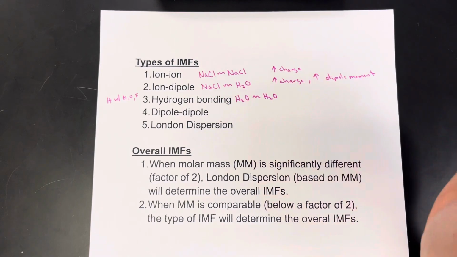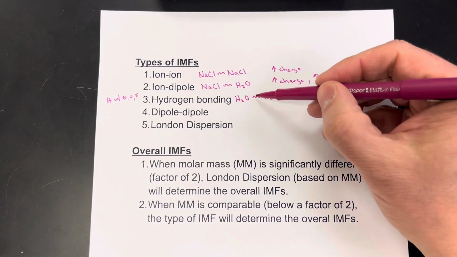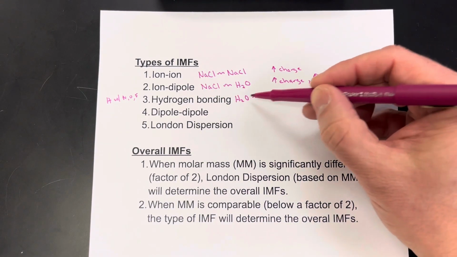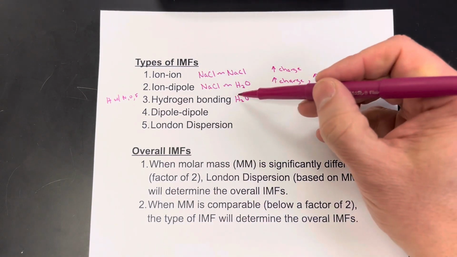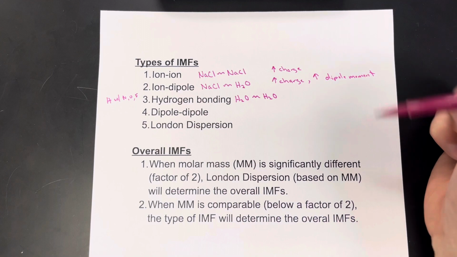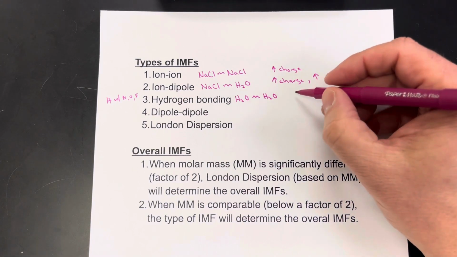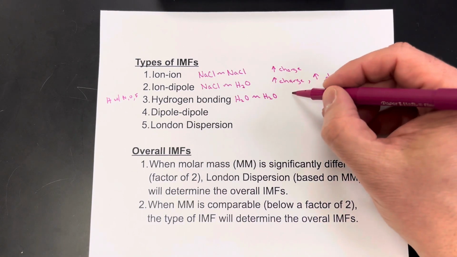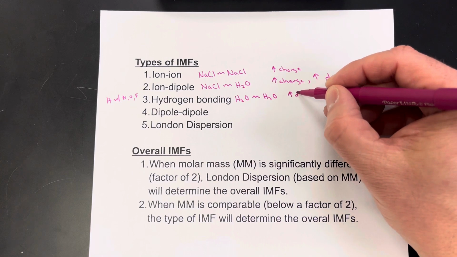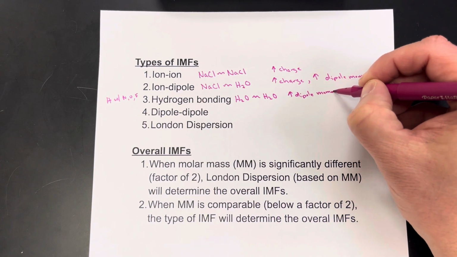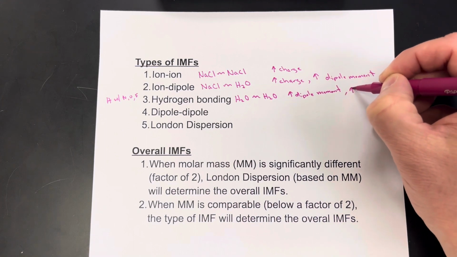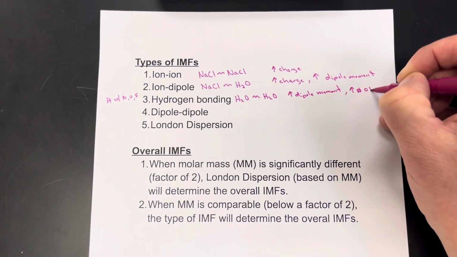Hydrogen bonding is not a bond, it's an interaction that exists between molecules, which we call intermolecular forces. How do we increase the amount of hydrogen bonding? 2 things. You could increase the dipole moment, or you could increase the number of OHs.